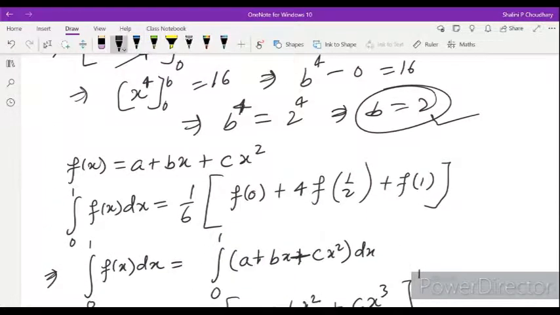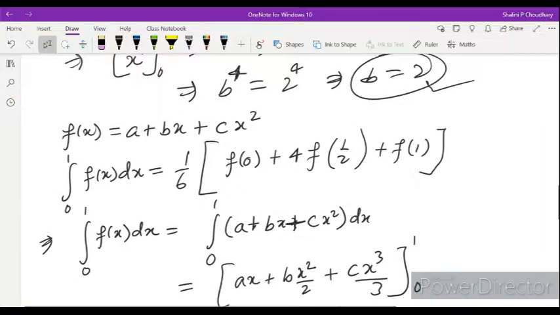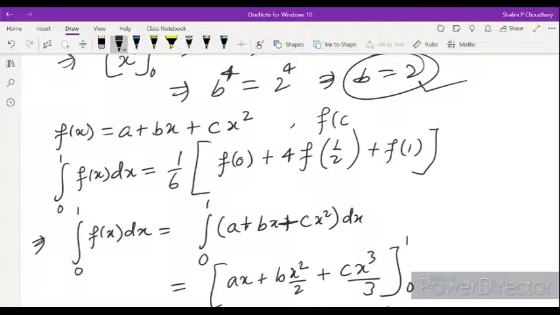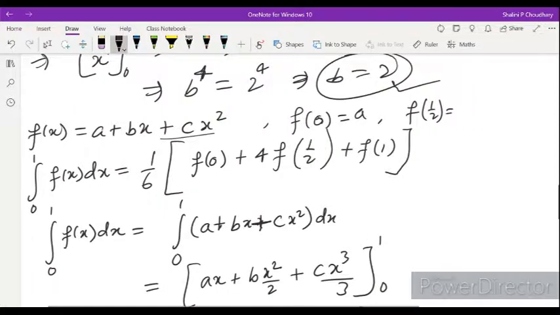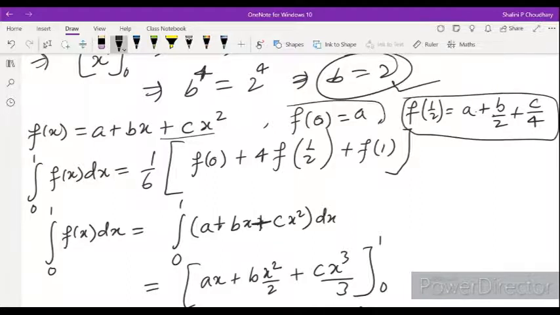Fx is equal to a plus bx plus cx square. So f0 will be a plus b into 0 plus c into 0, so the value of f0 will be a. And f of 1 upon 2 will be a plus b into 1 upon 2, so b upon 2, and c into 1 upon 2 squared, so c upon 4.